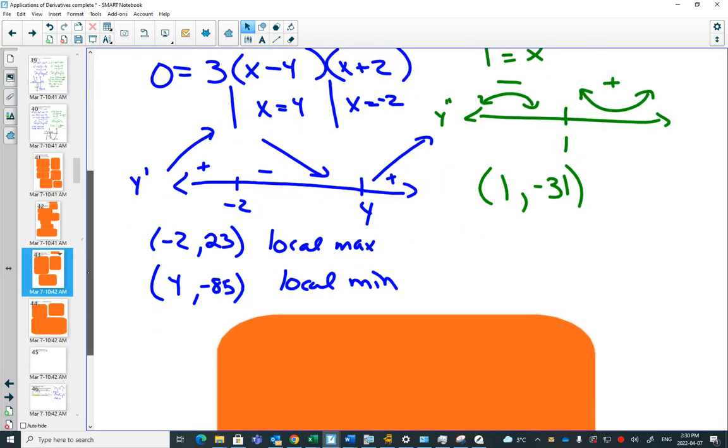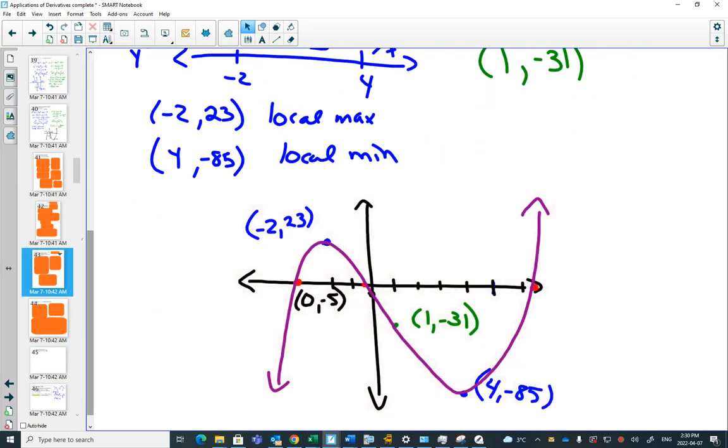Yeah, so as far as drawing the graph goes, you're going to have to estimate your scale on the y-axis a little bit. Notice that the x-intercepts are slightly red colored.